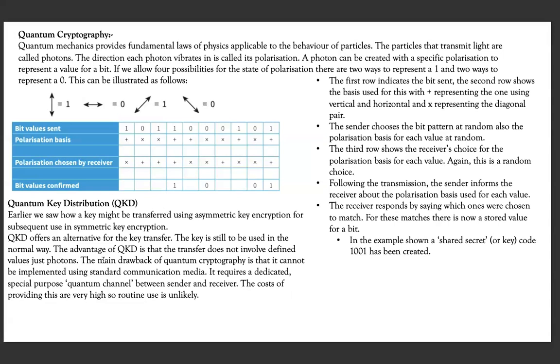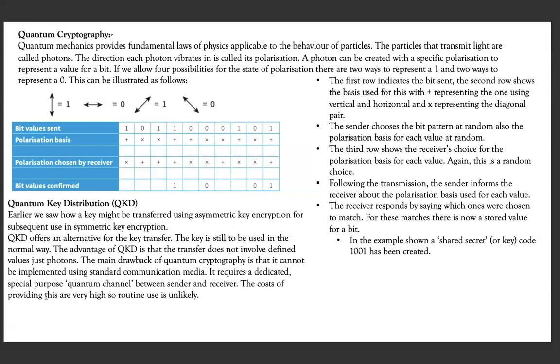However, there are drawbacks regarding quantum cryptography. First of all, the main drawback is that it cannot be implemented using standard communication media. Our entire communication setup that we use for the internet becomes useless whenever we want to apply quantum physics to data transmission. So we have to have dedicated special-purpose quantum channels between the sender and receiver for this technique to be effective.